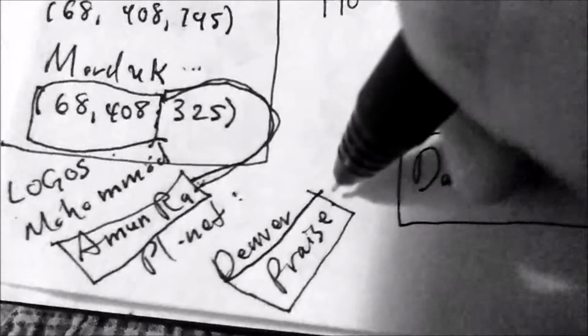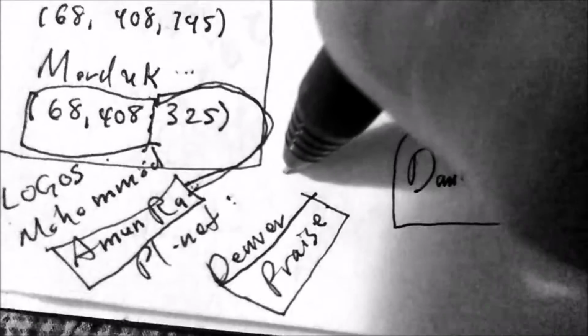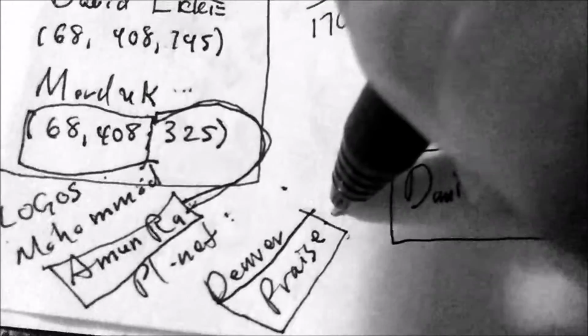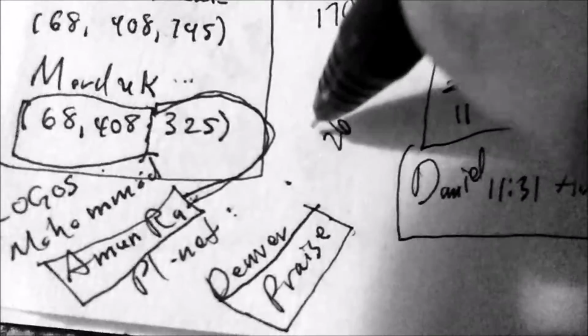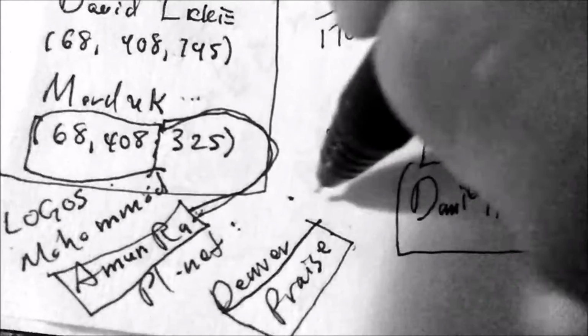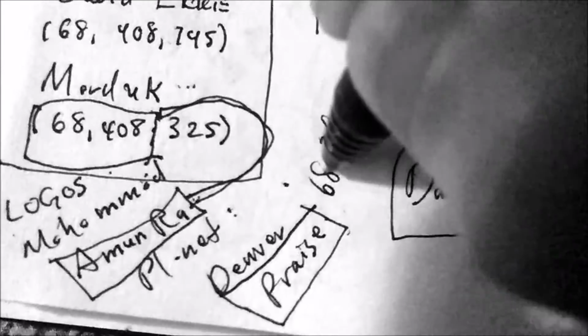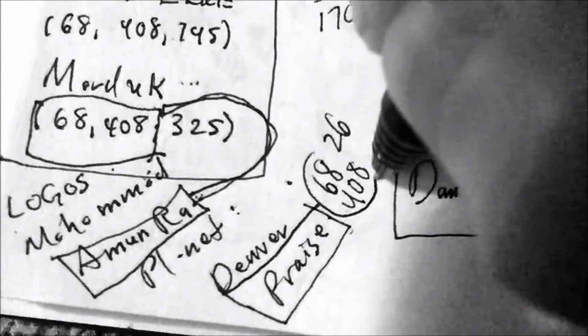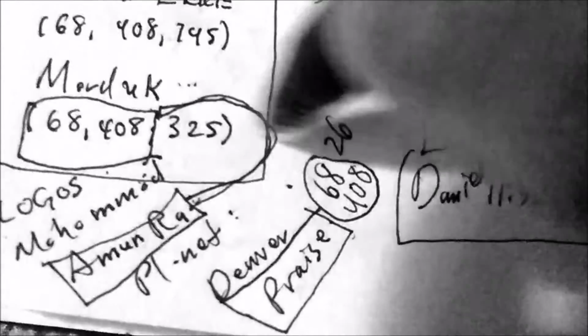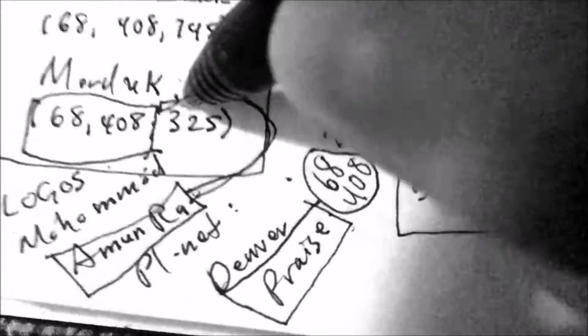But what I wanted to say is that when you say praise God, God is a 26. You are saying the 68,408, but this number has to do with Marduk.